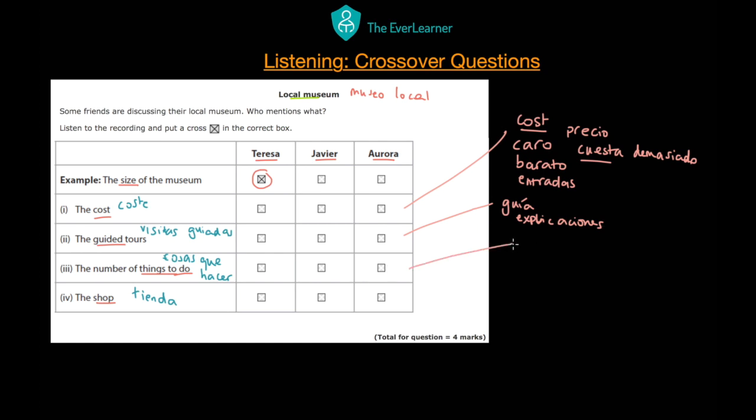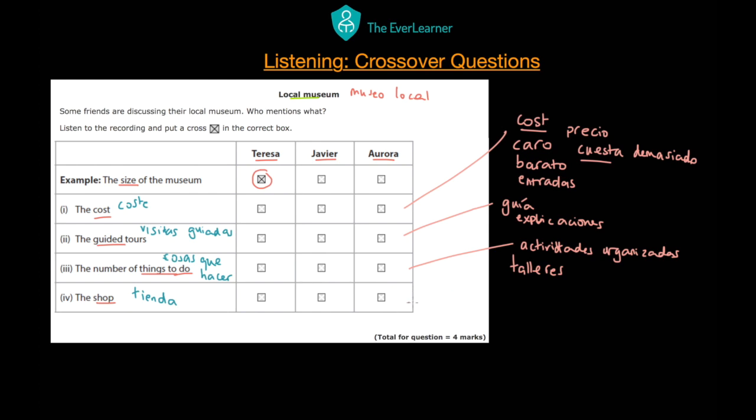The number of things to do, other than las cosas que hacer, you might hear things like actividades organizadas. Some things that you may do in a museum are sometimes workshops, which in Spanish are talleres. So try and think what activities happen in a museum, what things might I hear, which might not involve the word cosas, things.